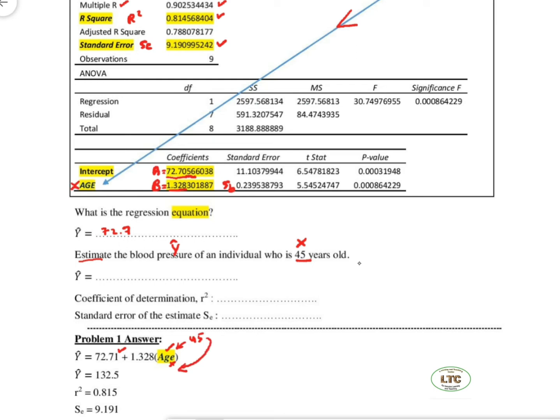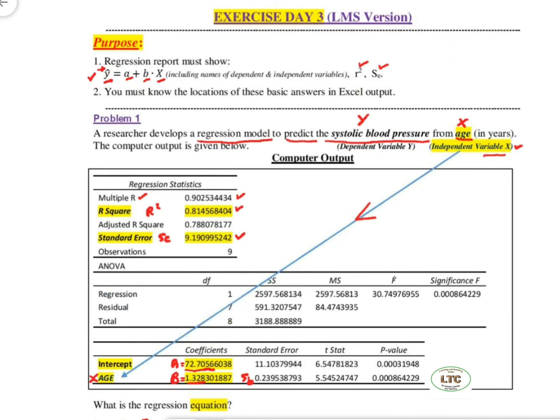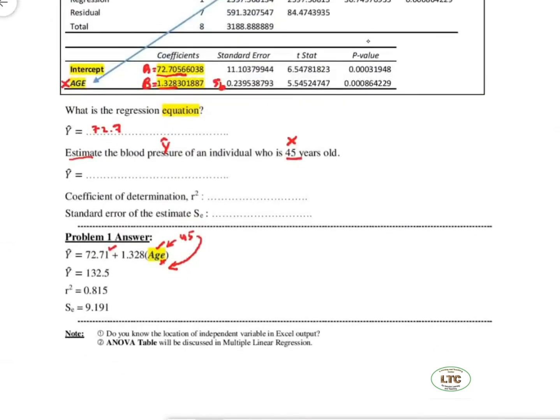And r square, you just copy from here, r square 0.8146, or 0.815 if you cut at the second decimal.